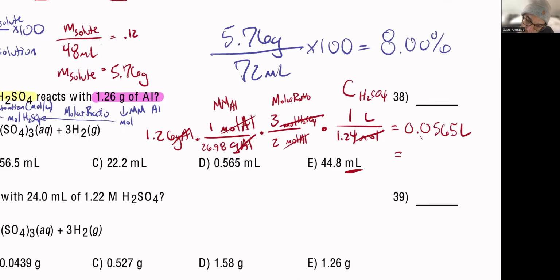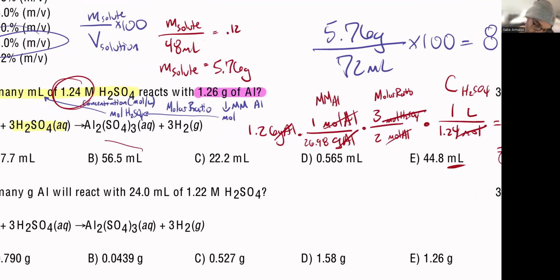I'm going to move the decimal 3 times: 1, 2, 3. 56.5 milliliters is going to be my answer. There it is. B is our answer.